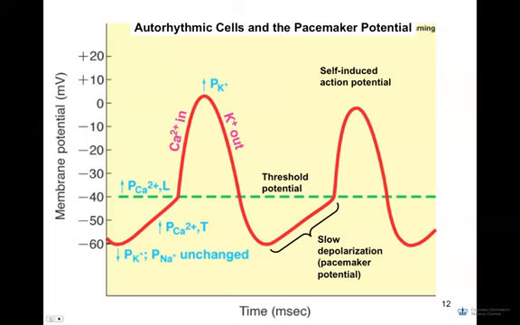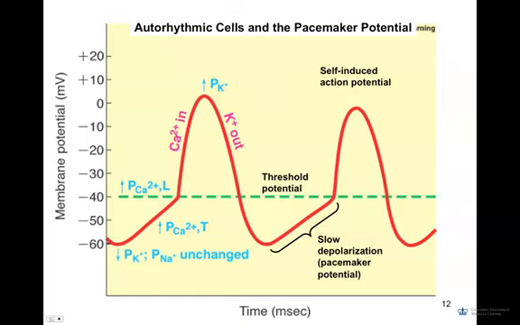And then right around the peak of the action potential, those calcium gates close, and we get the opening of our potassium channels that we know and love. These voltage-gated potassium channels. And so potassium flows out of the cell and the cell repolarizes back down to that -60.